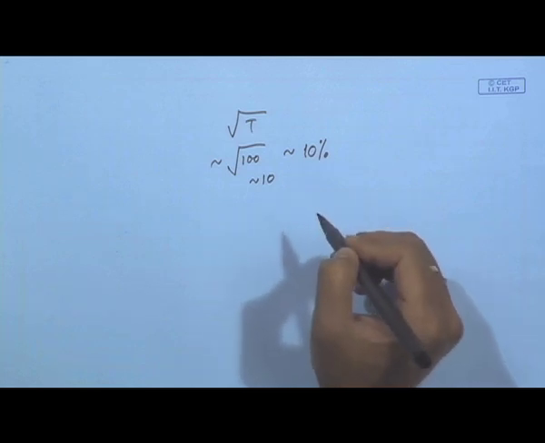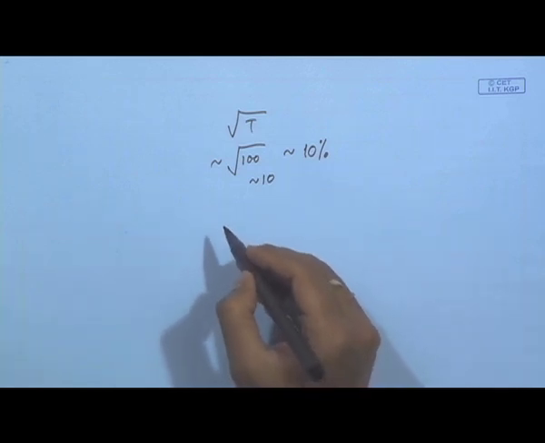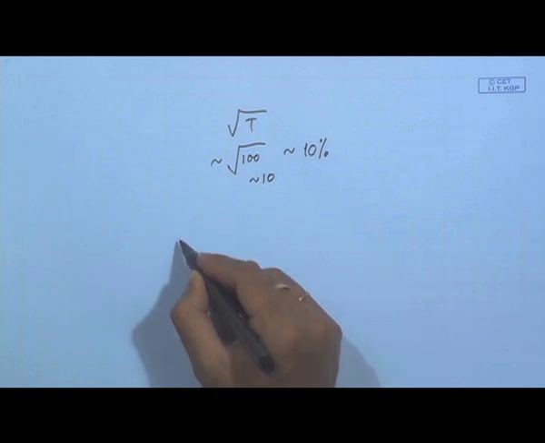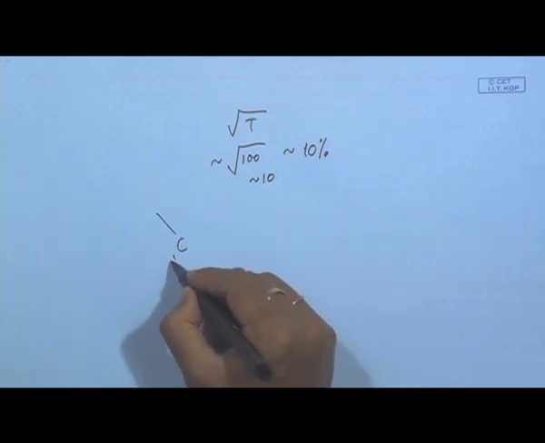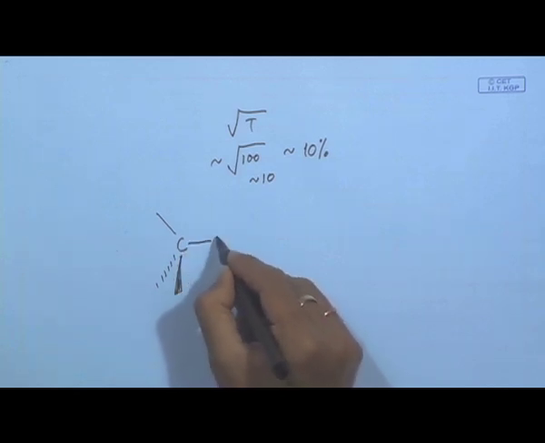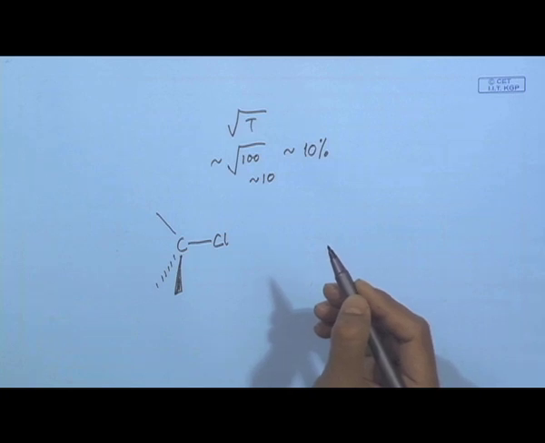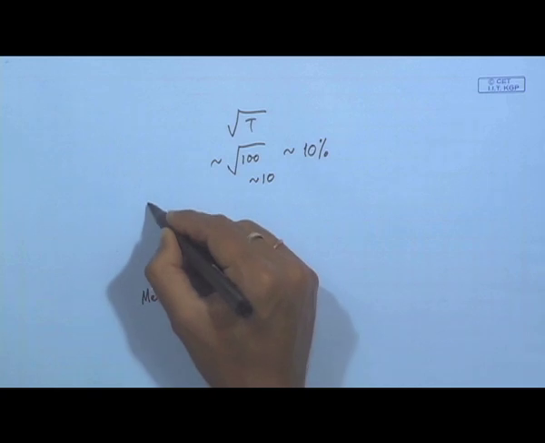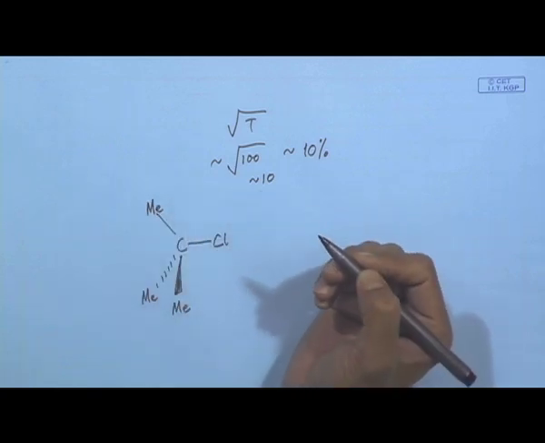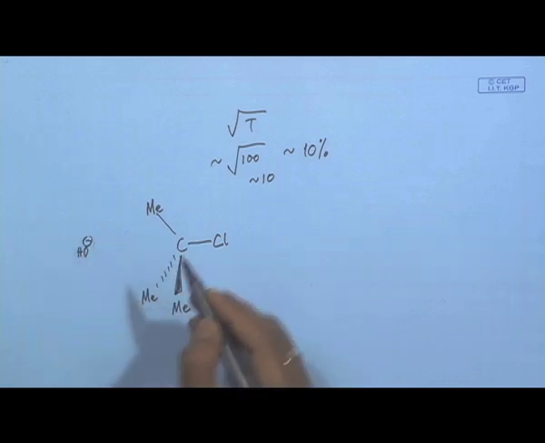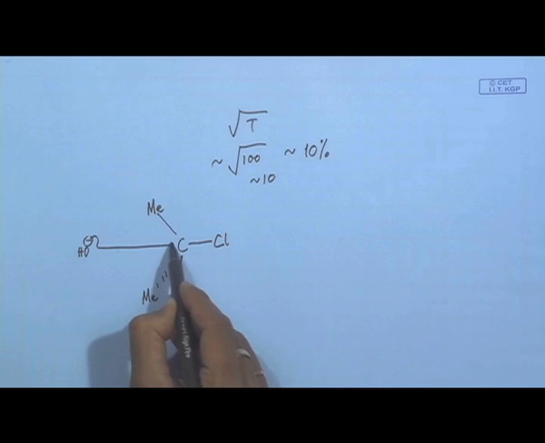And regarding the steric factor, suppose we have a hydrolysis reaction, say of tertiary butyl chloride, like this one. We have Cl, here we have the methyl groups, and you have OH minus. It will attack from the back side.